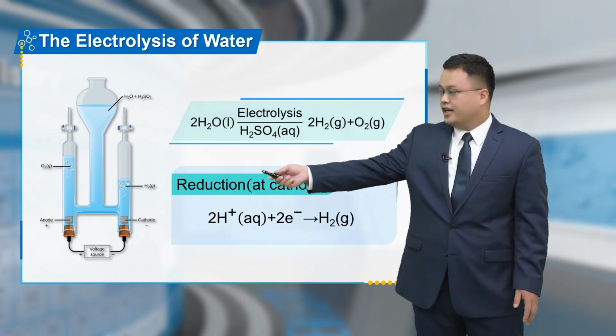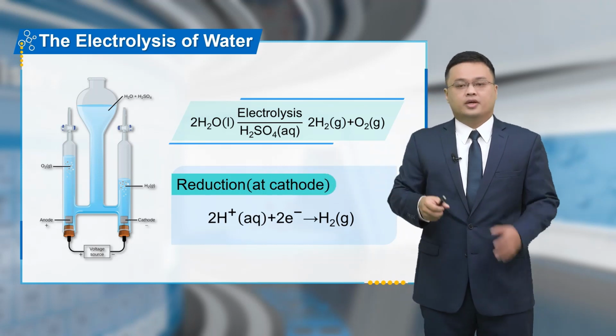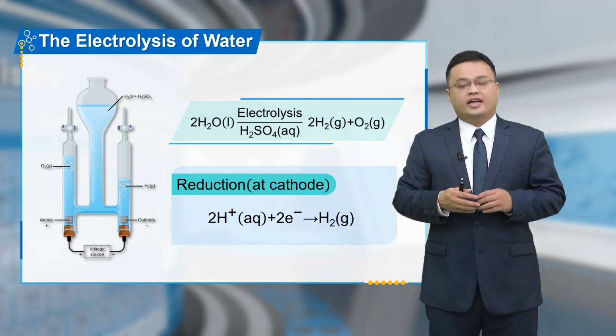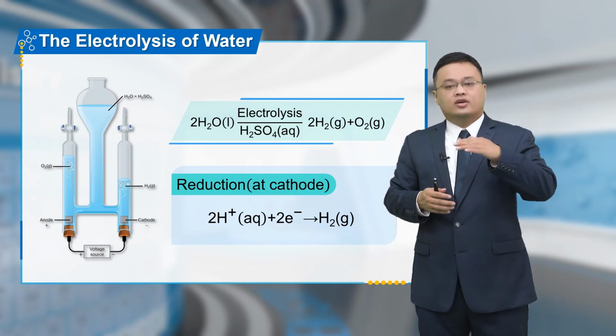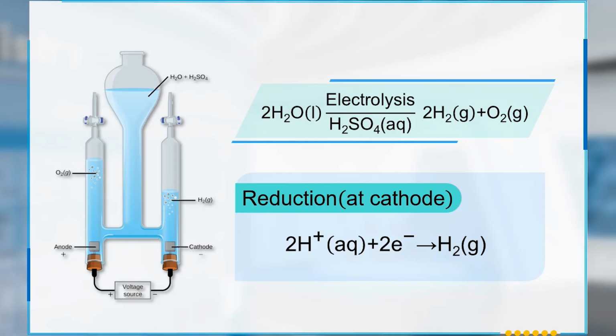The passage of the electric current through a liquid involves the migration of ions. To make the water an electrical conductor, an electrolyte such as sulfuric acid must be added. The electrolysis occurs in aqueous sulfuric acid solution.